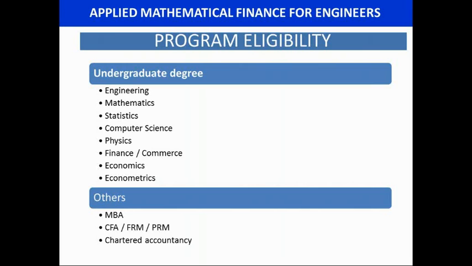One can have an economics background and an econometrics background, or one can have a master's in business administration, or one has certification like a CFA or a FRM or a PRM, or one can be a chartered accountant with good exposure to mathematics.